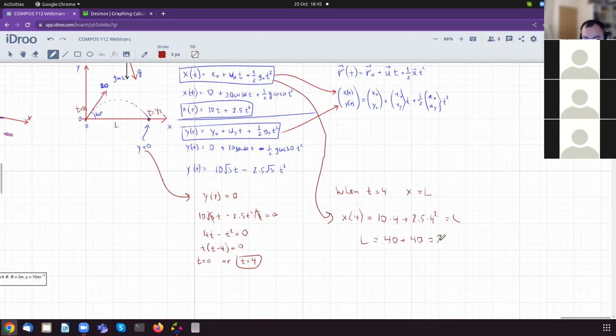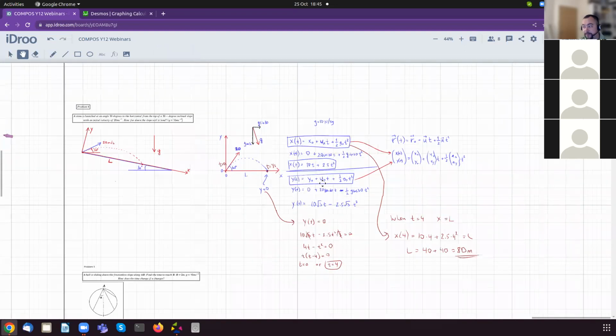The answer is 80 meters. 80 meters down the slope. Now, what you will need to do in the assignment, you just don't have any numbers. It's a very similar problem, but you don't have numbers, and your answer will be in terms of letters. So good luck.